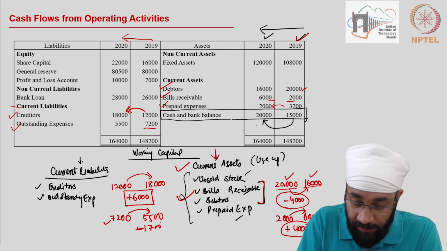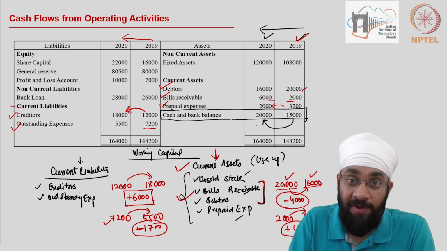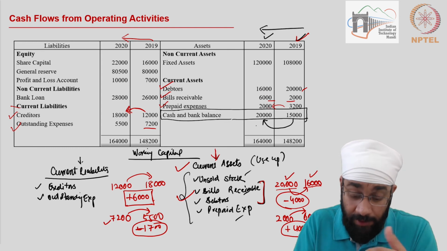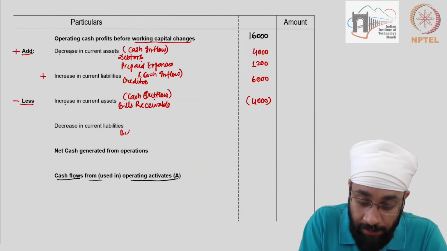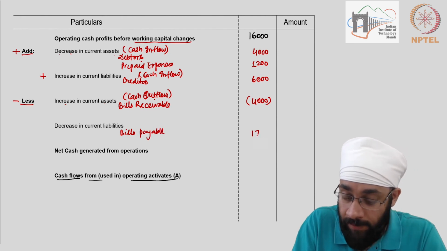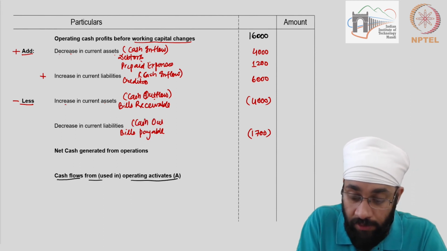This is a decrease. So if a current liability is going down, that means you met the liability. You have paid for the liability. So 1,700 is a decrease in current liabilities, bills payable. This is a cash outflow.